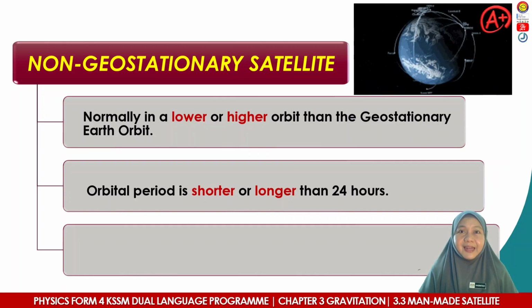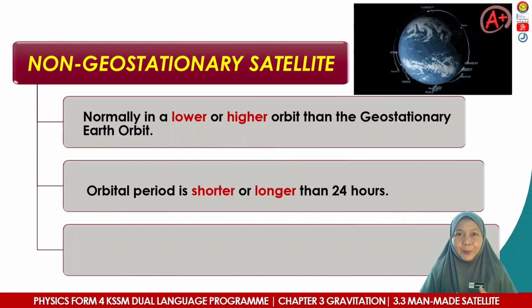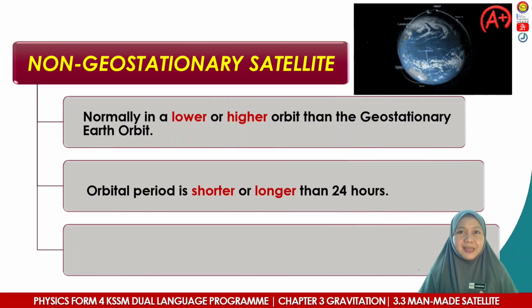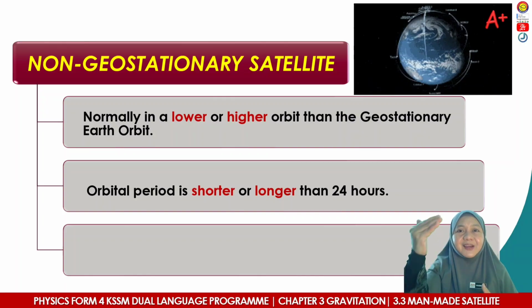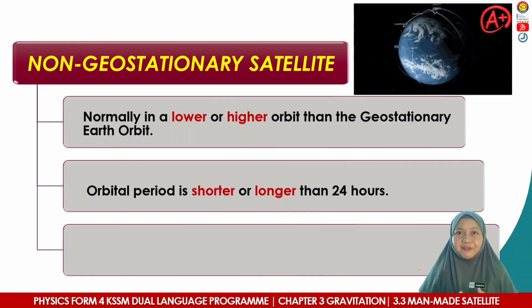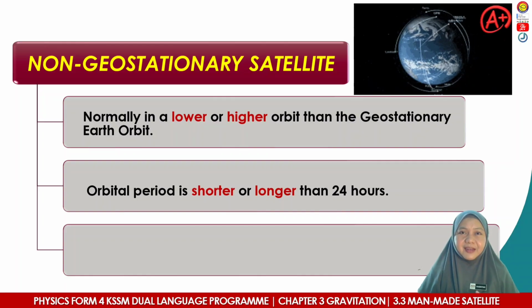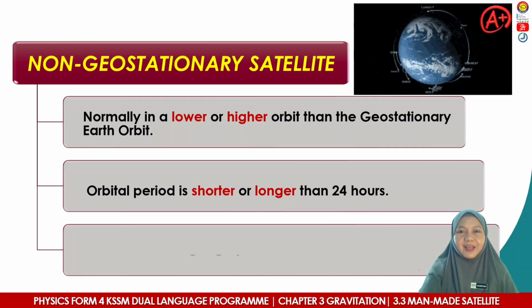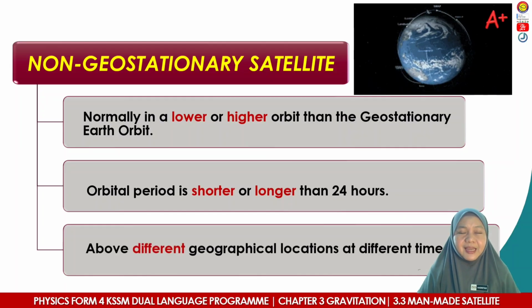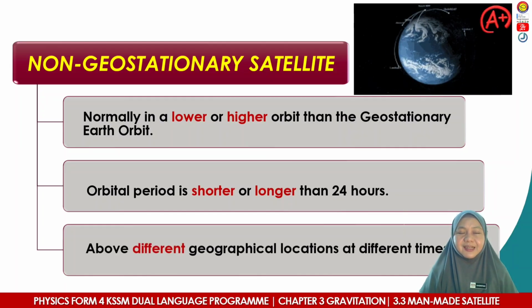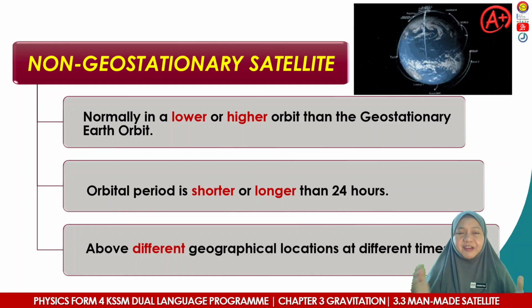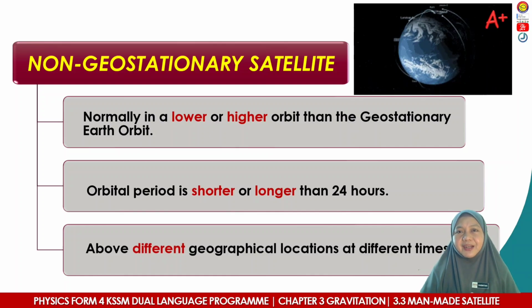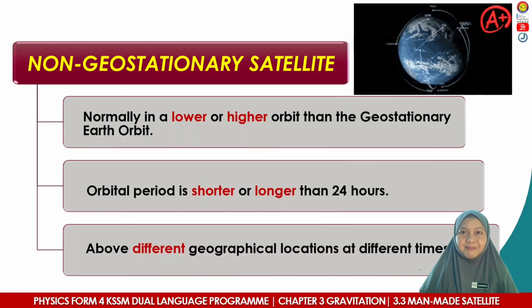If they are at a lower orbit, the orbital period will be shorter than 24 hours. And if they are at a higher orbit than the geostationary satellite, definitely their orbital period is longer than 24 hours. And the third characteristic, a non-geostationary satellite is above a different geographical location at different times.